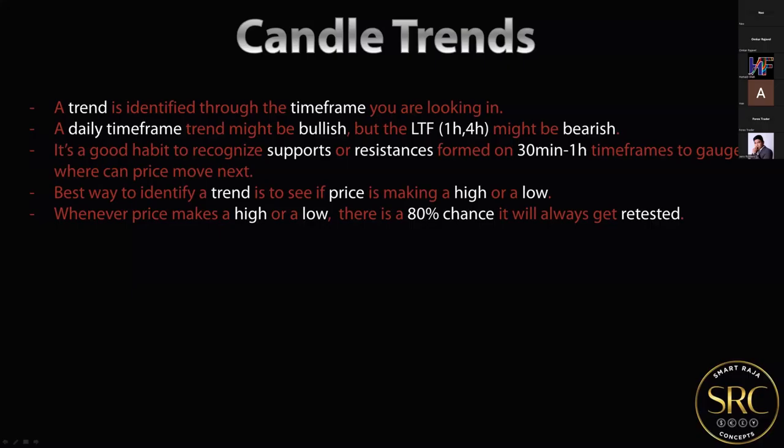That's where you exploit that move with size. And that's exactly what it is right over here. Whenever price makes a high or a low, there's an 80% chance it will get retested.